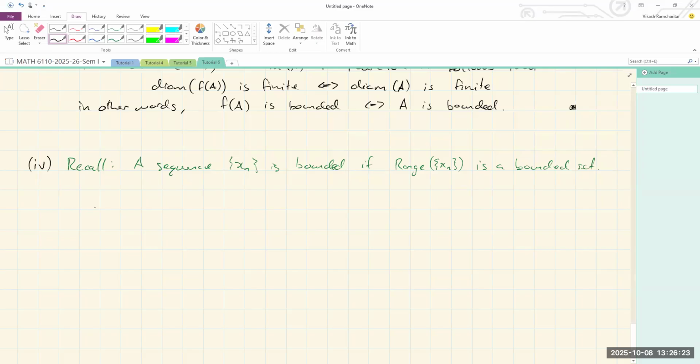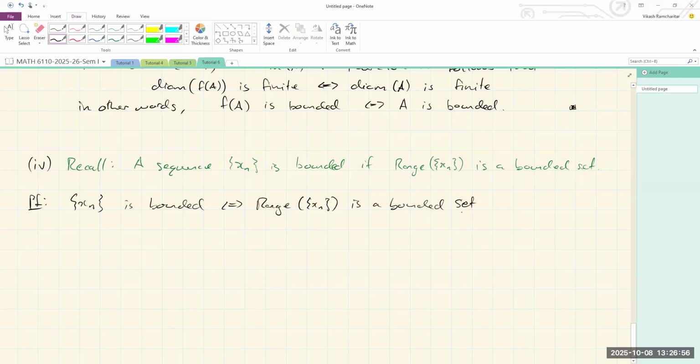So the sequence x_n is bounded if and only if the range is a bounded set. That's from the definition.